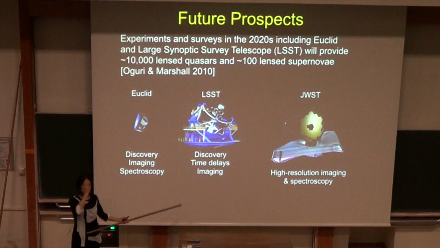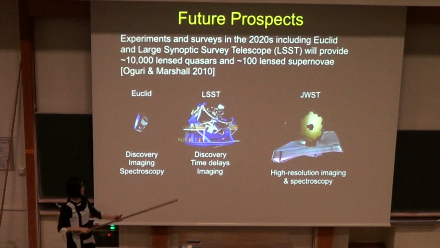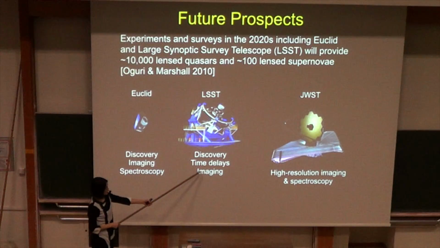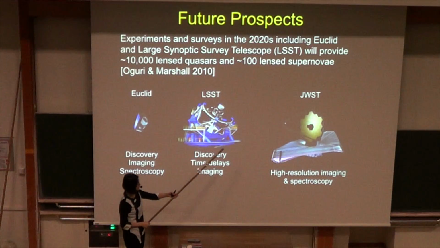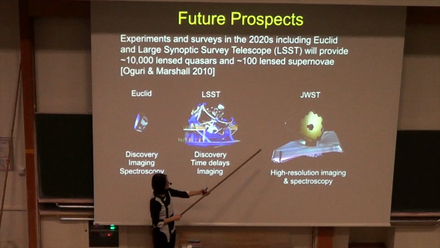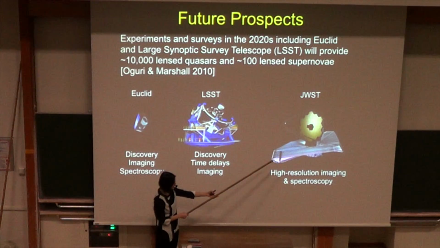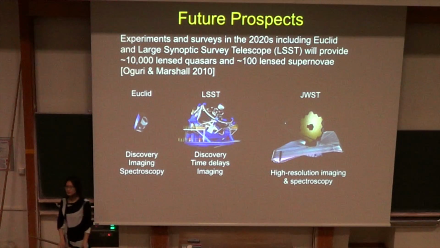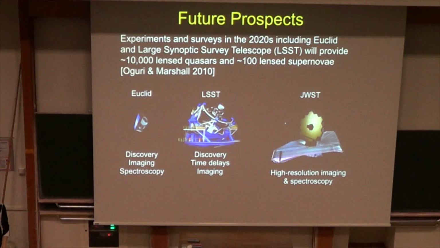And because it's a cadenced survey observing every few nights, we can get the time delays from this for free. LSST will also have great imaging. And then there's JWST, scheduled for launch, that will give us high resolution imaging and spectroscopy. So with these upcoming experiments and surveys, time delay cosmography has a future.